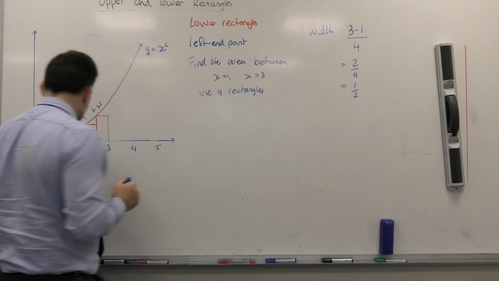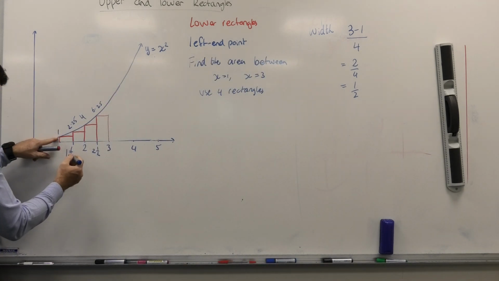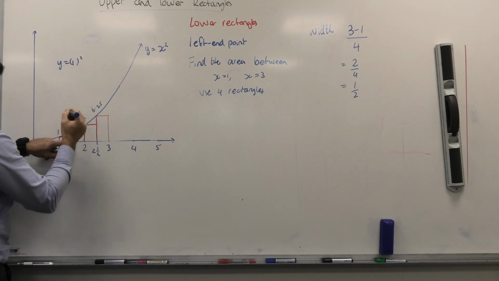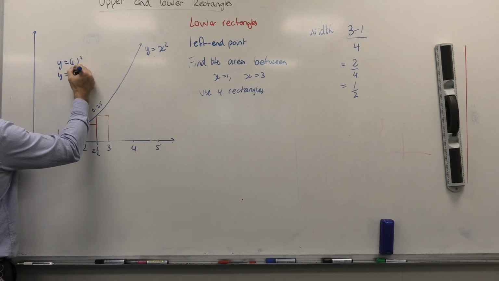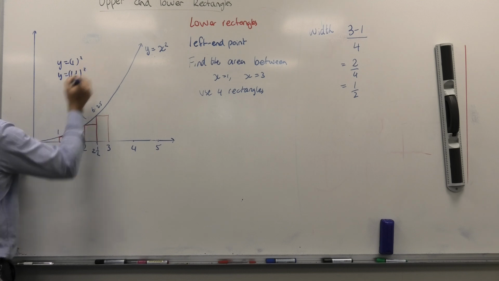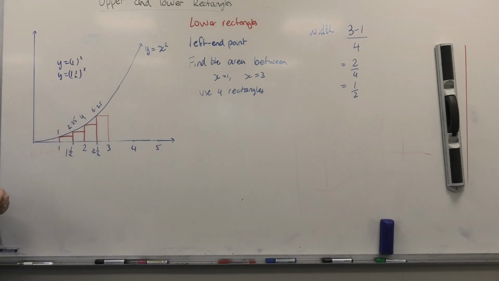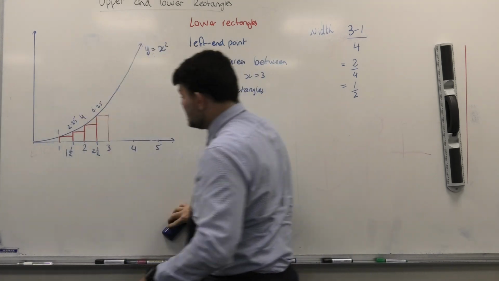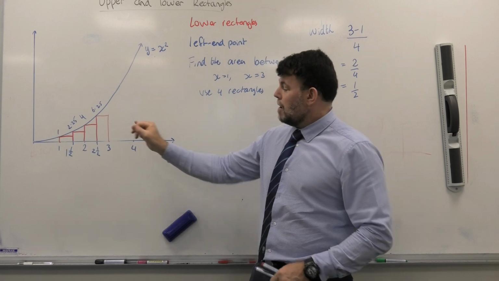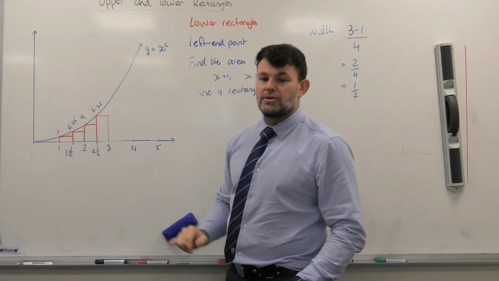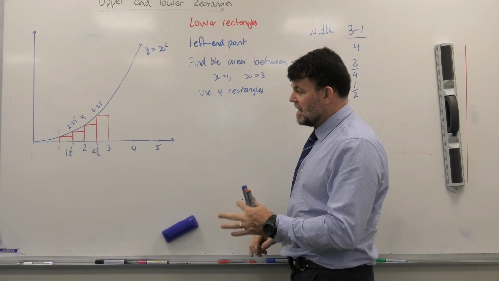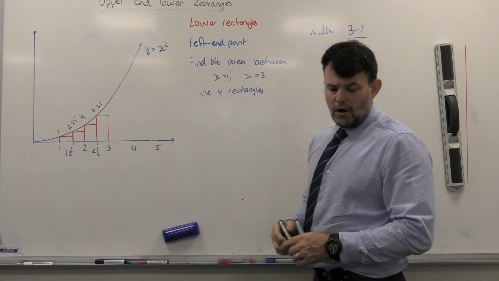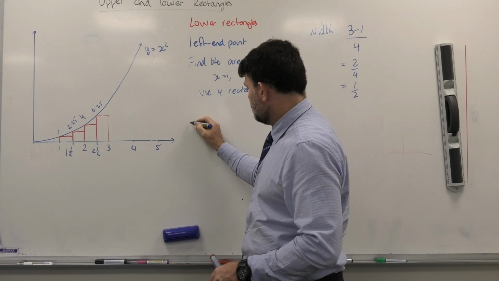So quickly again, how I got this is I said, if I wanted to get this value here, y is equal to 1 to the power of 3. I want to get this one, y is equal to 1.5 to the power of 3, and so on, and I got those values. I now have this information to help me work out an estimate underneath this curve. So the way that we set this out is we say, we know that the width of each rectangle is half.